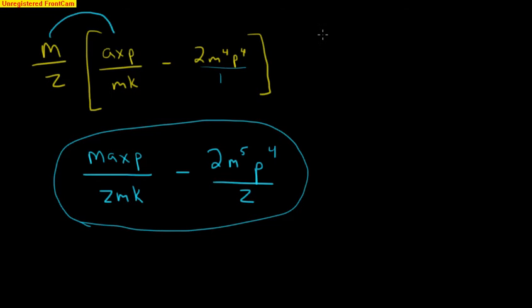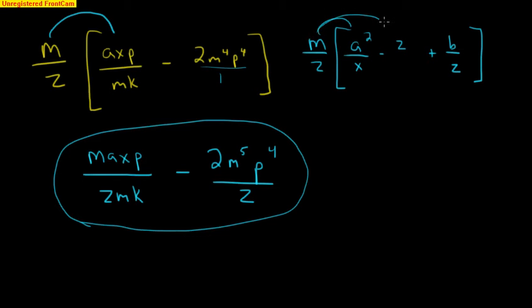Not too difficult. And sometimes we'd have 3 terms. I'll do a simple one. mz again times a squared x minus z plus b over z. So you could have 3 terms in here. Makes no difference. You guys understand and have done this before. We have to multiply through all 3.